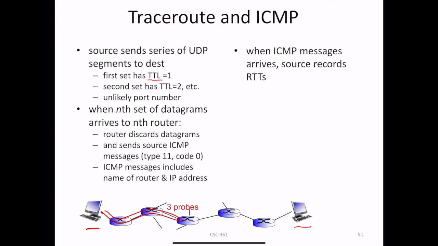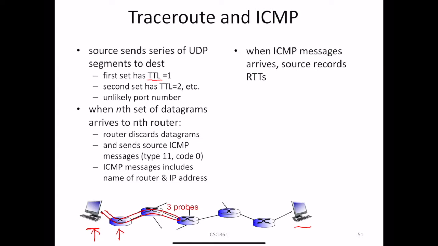So for the first set with TTL equal to 1, when these 3 probes arrive at the first router, the router will deduct the TTL counter by 1. Therefore, the TTL of these 3 probes will become 0. Then this router will discard these 3 probes and send a response back to the original device.